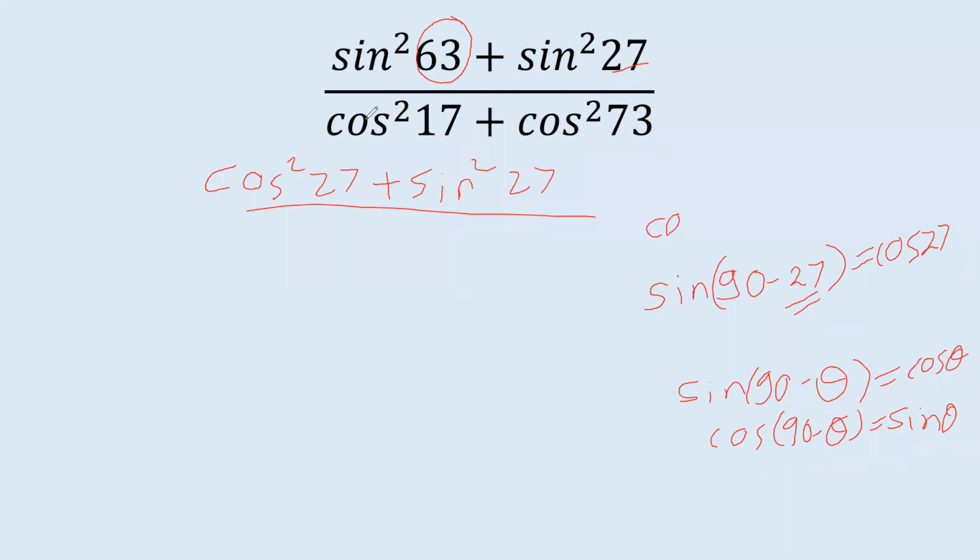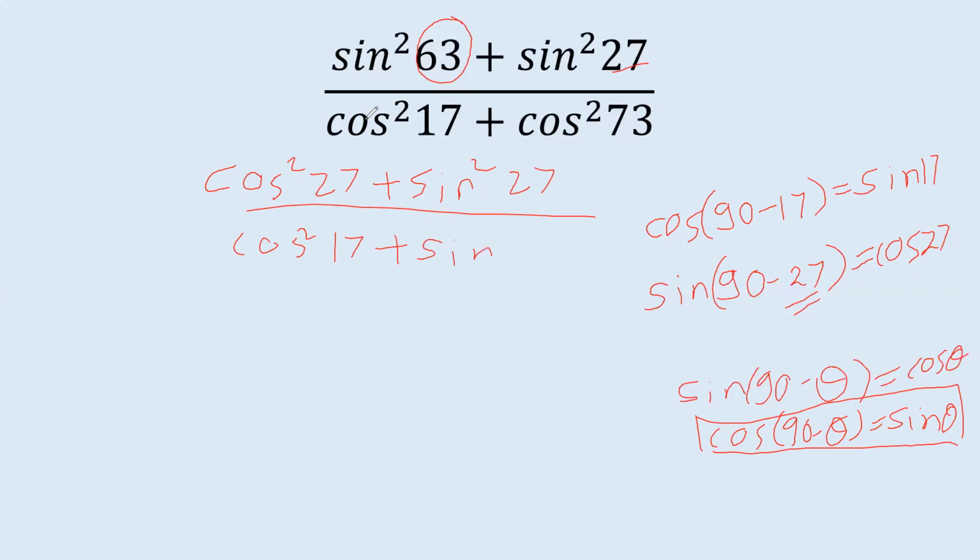Cos 73 is cos of 90 minus 17, which is equal to sine of 17, because cos of 90 minus theta is equal to sine theta. So the denominator is cos square 17 plus sine square 17. Now sine square plus cos square is 1, so the numerator becomes 1 and the denominator becomes 1.